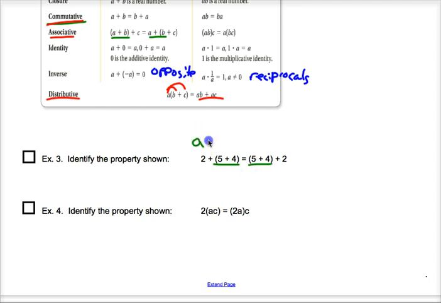So it was like A plus B on this side, but over here it was B plus A, only 5 plus 4 is actually my B. So that is the commutative. Notice there's no N in the word commutative. That's the commutative property of addition.